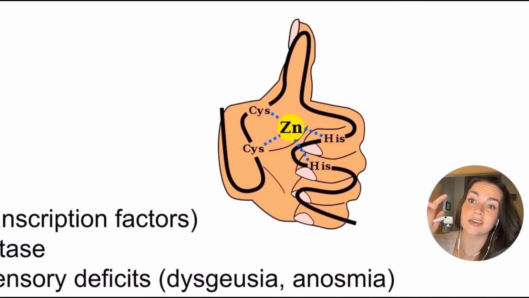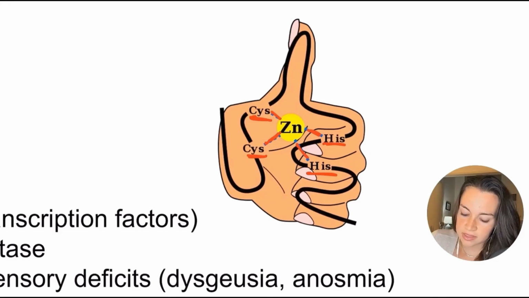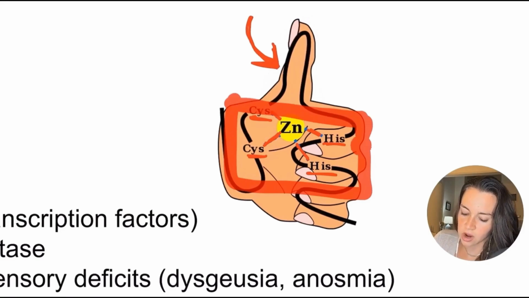In the case of the zinc finger, what's going to happen is along this loop of amino acids, the cysteine and histidine residues are going to coordinate with this zinc ion here, and the zinc will hold the residues in place in a way that favors the formation of this finger-like projection. So this structure is being supported by these anchors here around the zinc.